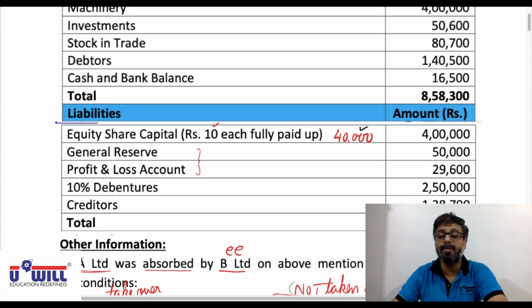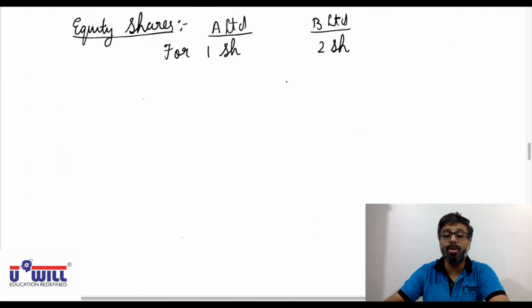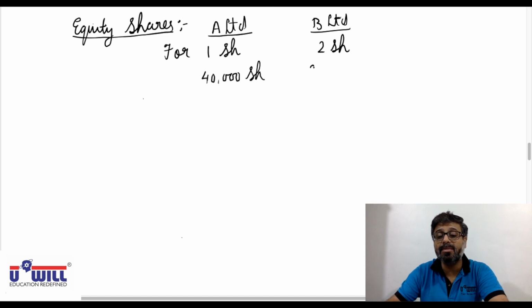A Limited's balance sheet has 40,000. So for 1 share, 2 shares are issued. So for 40,000 shares, how many shares will be issued in B Limited? 40,000 into 2 divided by 1, 80,000 shares are going to be issued.